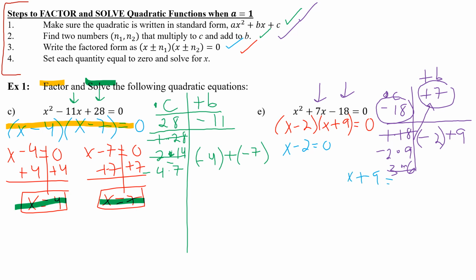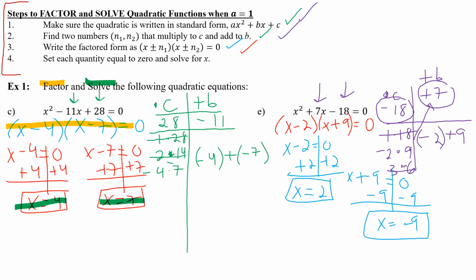X plus 9 is equal to 0. Solve each one. Add 2. Turns out x is equal to 2. Over here, subtract 9 from both. And x is equal to negative 9. Okay, so directions again were to factor, which is that right there, and then solve, which is this right here.